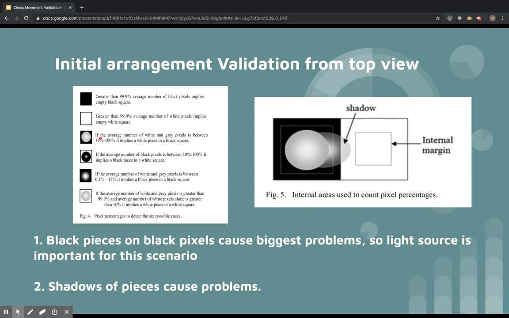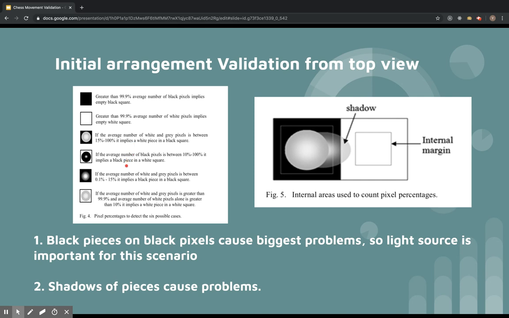For example, white pieces on a black square are relatively easy to find because the number of gray pixels is between 15 to 100 percent, which implies a white piece on a black square.